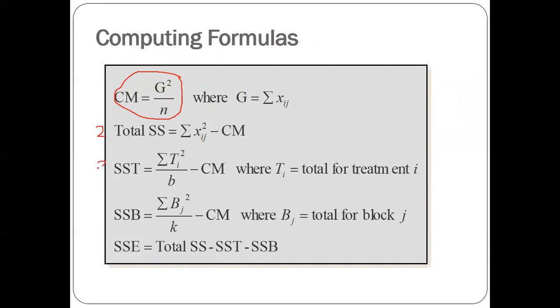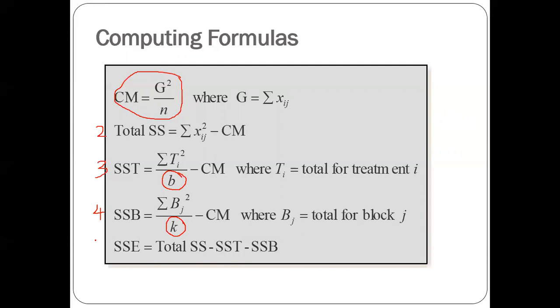The third step refers to the value of SST. To get the SST, the total value for the treatment squared divided by the number of blocks, minus CM. The fourth step is to calculate the SSB. The sum of square for block is the total value for block squared divided by the number of treatments, minus CM.